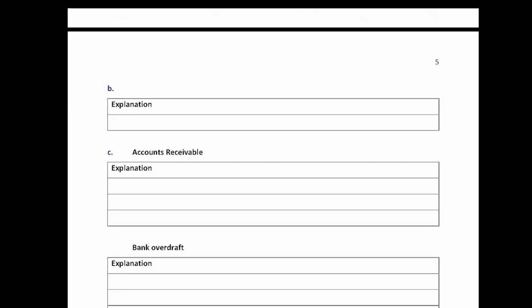Because the balance sheet is accurate only as at a particular date.